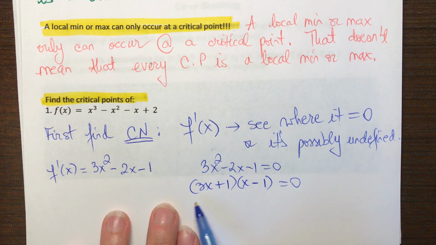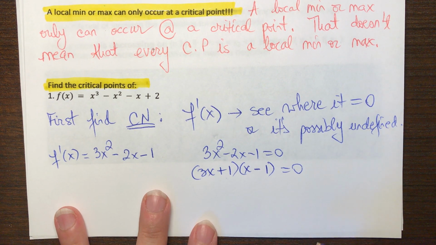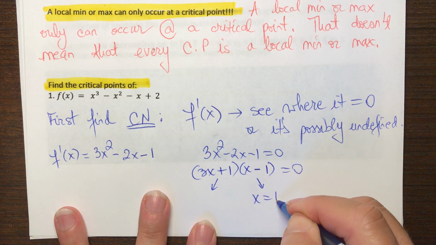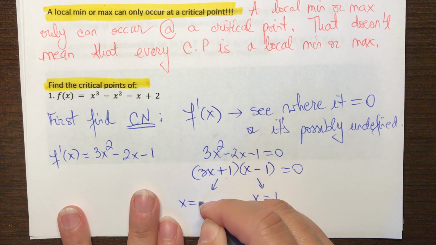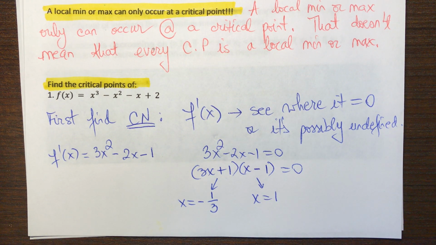So 1x minus 3x is the negative 2x in the middle. As I said, factoring is key. So what are the two choices for x? X could equal 1, or x could equal, subtract the 1, divide by 3, negative 1/3. Great. So solving quadratic equations should not be the problem. Okay. So we solved it.